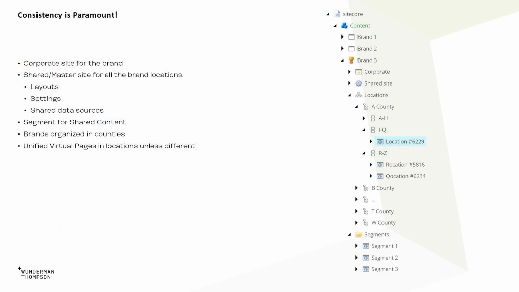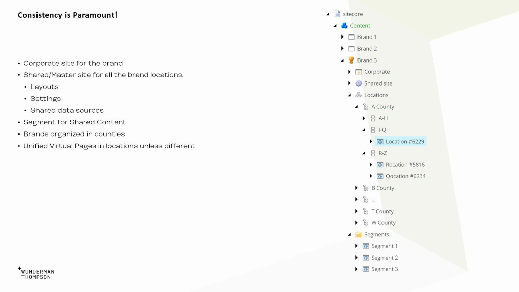So you're going to see that this is a sample debranded version of that, where we have a number of brands in our environment, with a corporate site and a shared site holding all of the layouts that will be shared by the websites, the microsites in the organization, plus, let's say, 600 locations divided by county that would be created automatically.